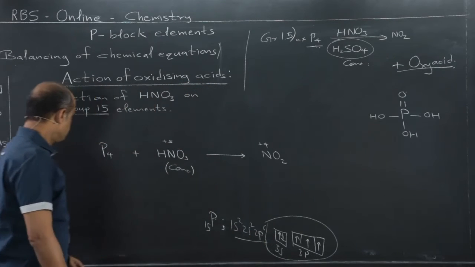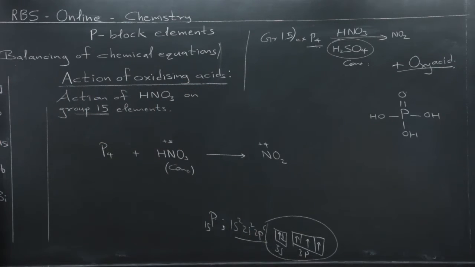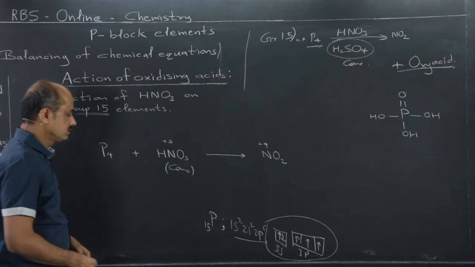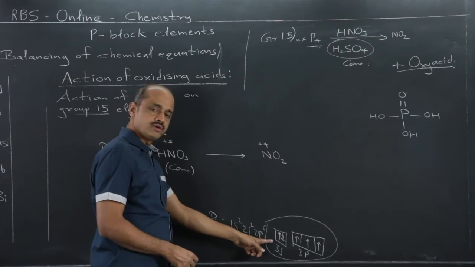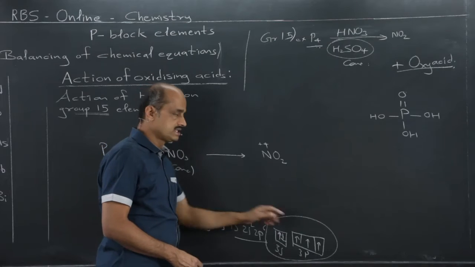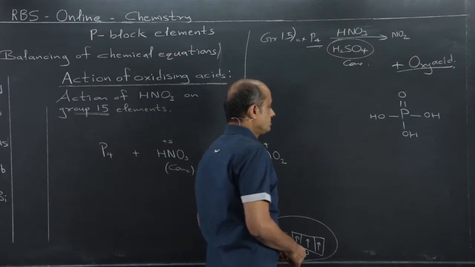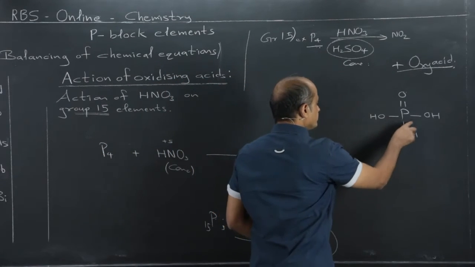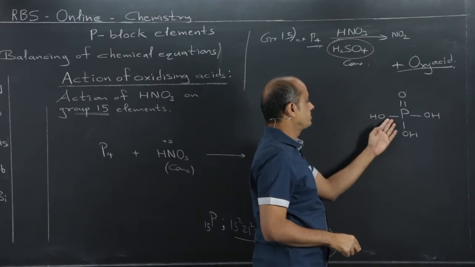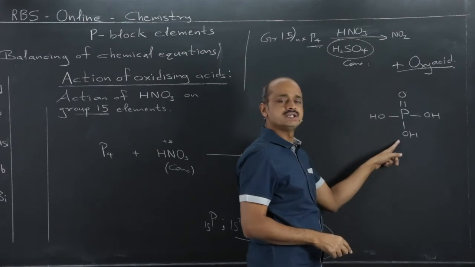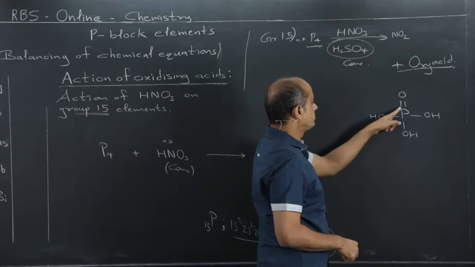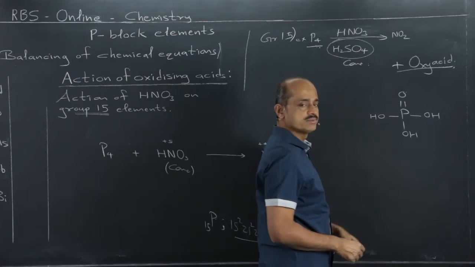The same is true for other elements, also for nitrogen. So in the outermost shell of phosphorus, since there is 1 lone pair and 3 unpaired electrons, 3 covalent bonds with OH groups are possible, and if the 1 lone pair takes part, a double bond is possible.